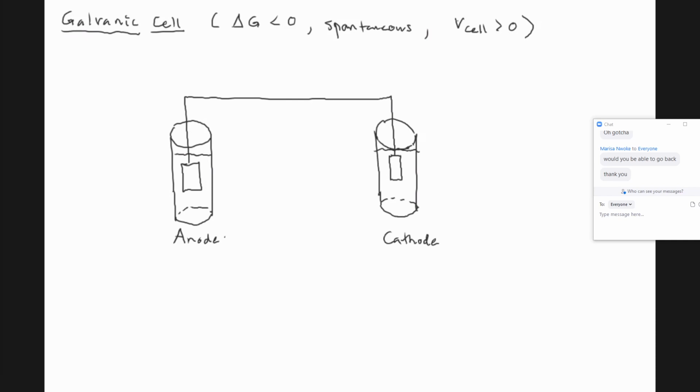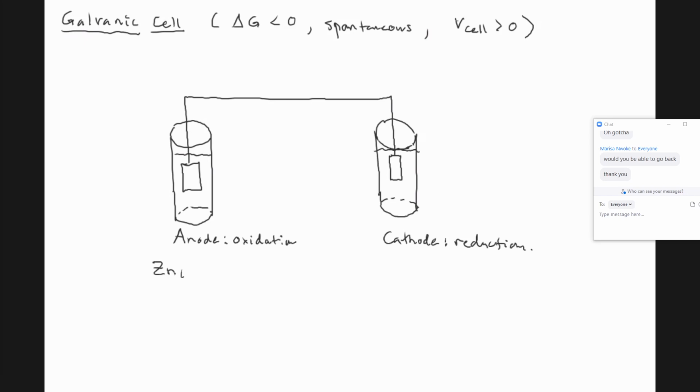So whenever you see the anode, this is where oxidation occurs. That means we're going to be losing electrons from there. Whenever we see the cathode, this is where reduction occurs. So let's say we have a zinc and copper battery, okay? So let's say this side is zinc.